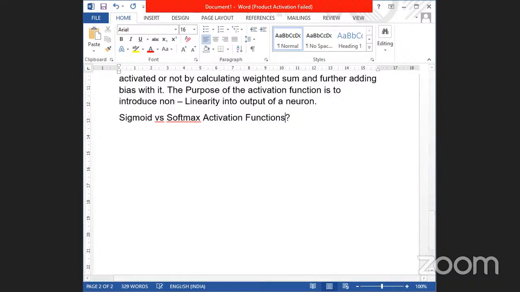Please write your answer in the comment. Just tell me first what is the softmax or sigmoid function.